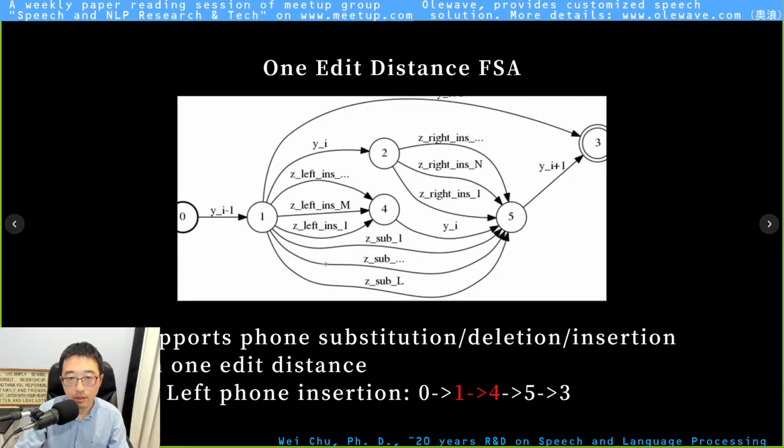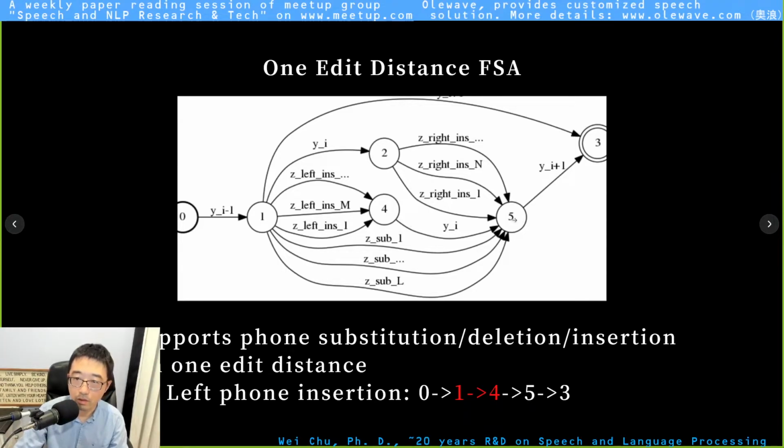Suppose we allow substitution errors for just 1 phone. You can go from node 0 to 1 with y sub i minus 1, and from 1 to 5 you can have all the possible phones here, and that's called a substitution error.